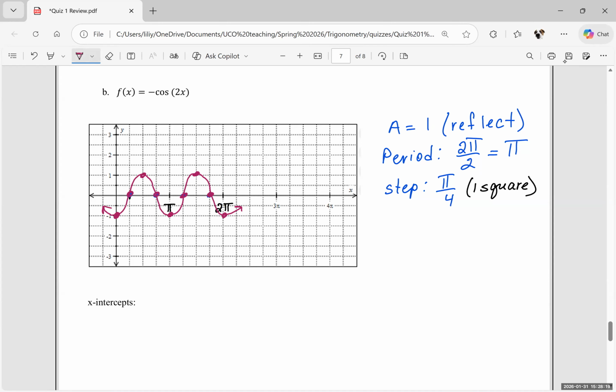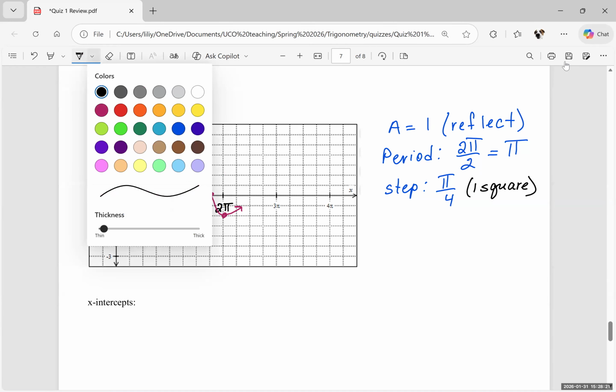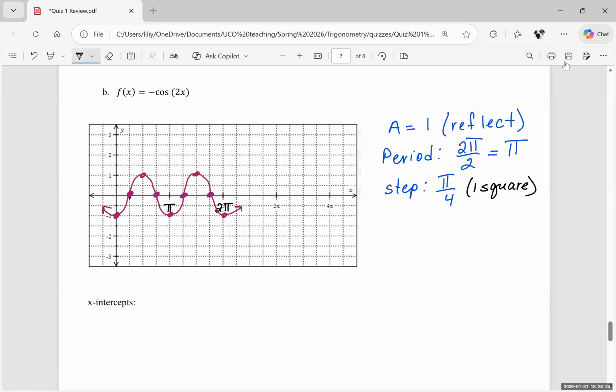Now I have not labeled the x-intercepts yet, so let me go ahead and label them. My step size is pi over 4. So this first one is pi over 4, which means this one right here is 3 pi over 4, 1 less than pi, which means that this one right here is pi plus pi over 4. So this one is 5 pi over 4. And this one right here is 1 less than 2 pi, which is 8 pi over 4, so this one is 7 pi over 4.